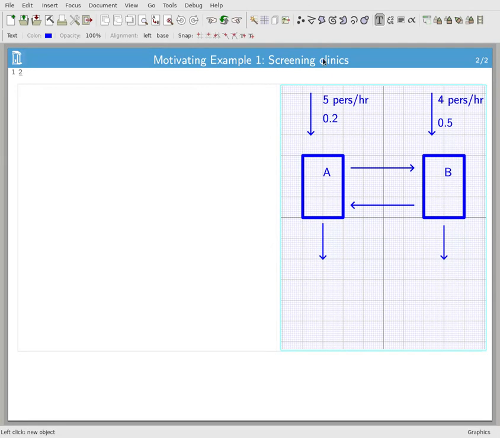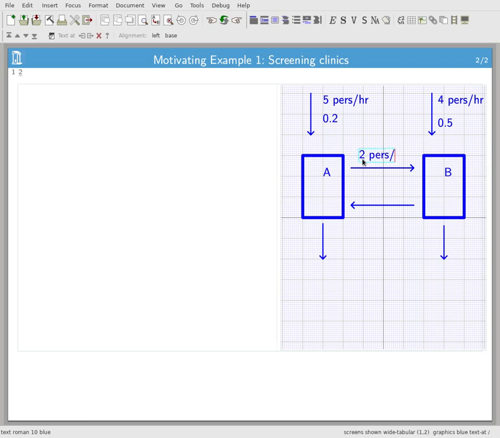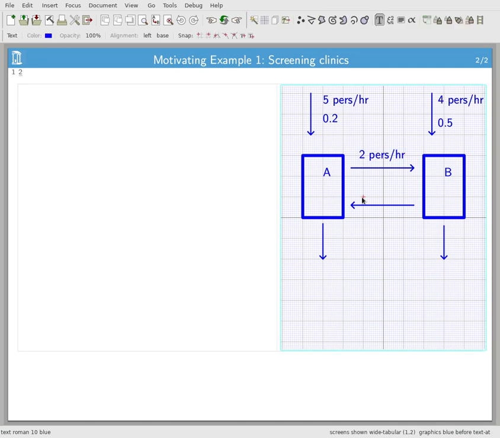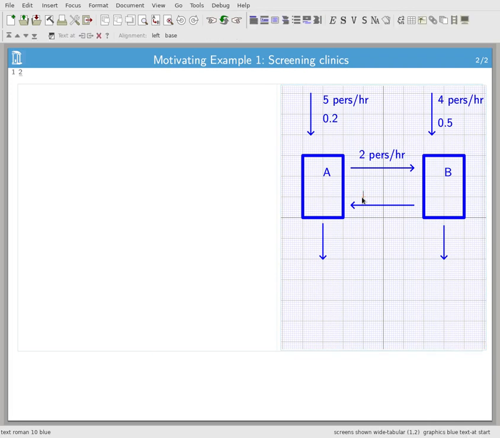Some patients get transferred from one clinic to another. Let's say on average 2 persons per hour get transferred from clinic A to clinic B, and from clinic B to clinic A we have a transfer of 3 persons per hour.